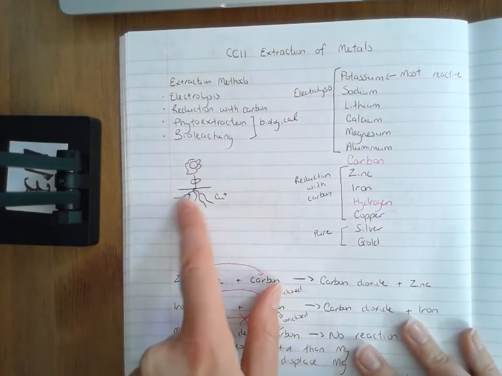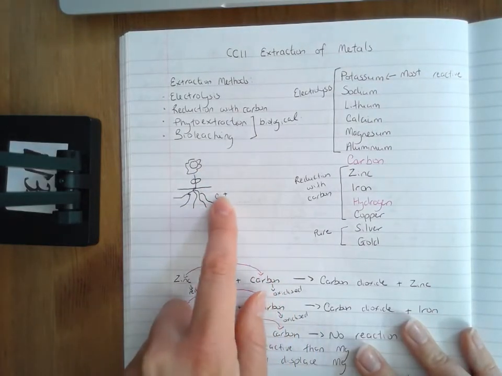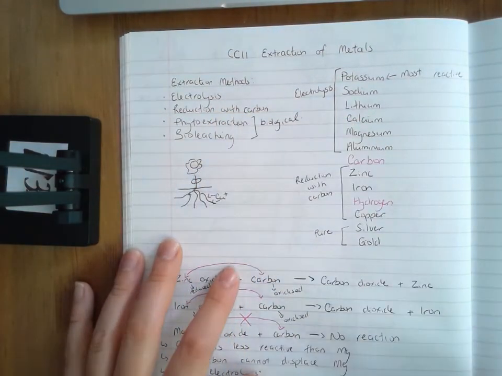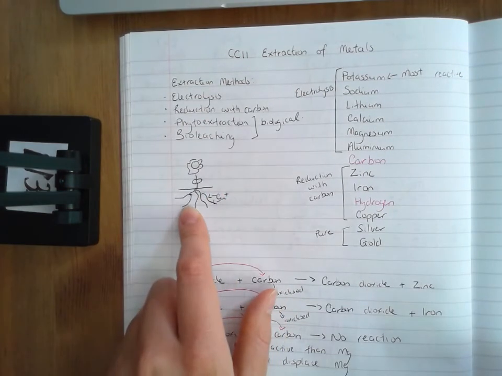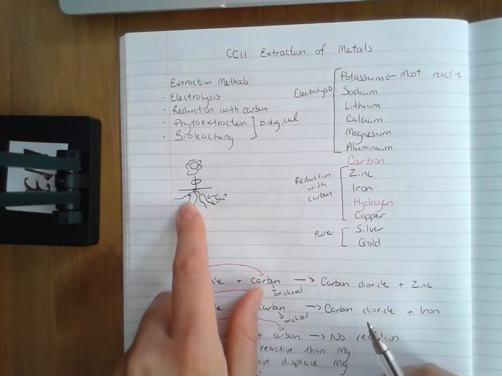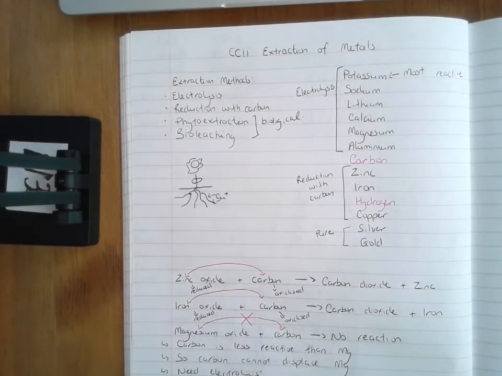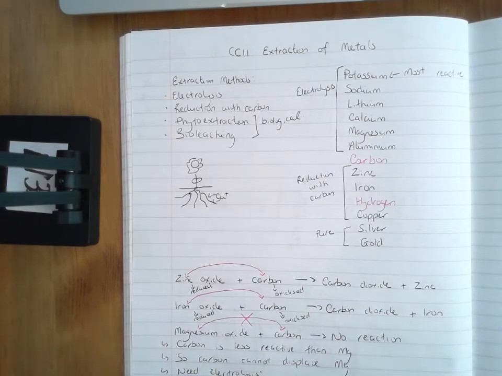If you plant your plants on soil that contains lots of metal ions, the roots of the plant can absorb those metal ions. Once you've got all of the metal ions in the roots of the plants, you then harvest the plant.